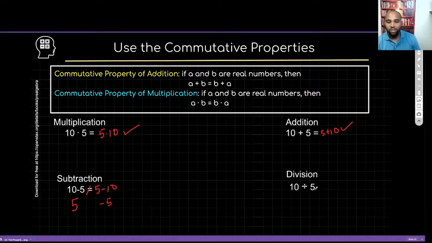And same thing with division. 10 divided by 5 is 2. Well, what is 5 divided by 10? Well, $5 divided among 10 people is not going to give me $2 each. It's going to give me 50 cents each. So that's not equal. So as we illustrated, the commutative property is true with multiplication and addition, but not with subtraction and division.